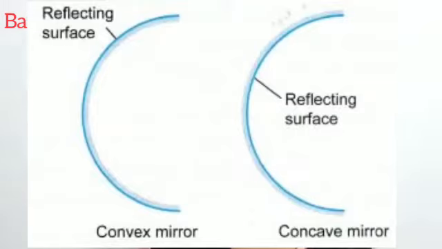You can see the picture of a convex mirror and a concave mirror. So what you can see? Yes, in the concave mirror, the reflecting surface is curved inside, and in convex mirror, the reflecting surface is curved outward.